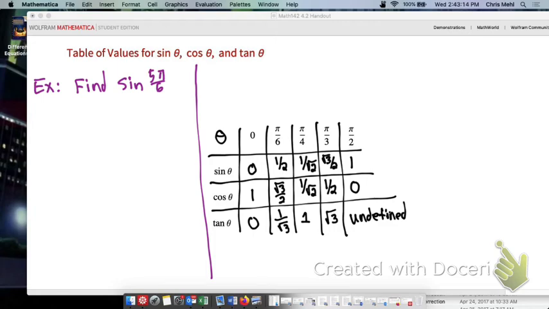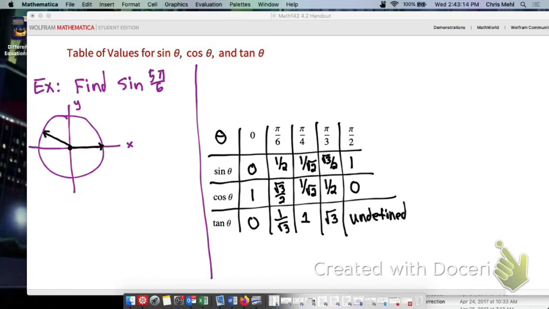So what we can do is draw a unit circle, with an x-axis and a y-axis. Now 5 pi over 6 is in the second quadrant. So if I take my angle in standard position, let's just say that this is where 5 pi over 6 is.